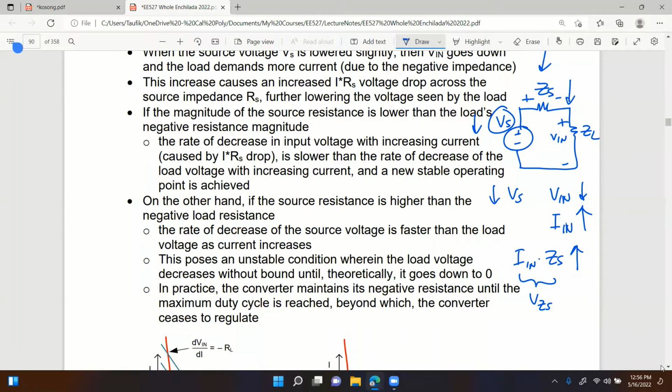If VZs increases, that means Vin is going to be decreasing more. As you know, Vs is equal to VZs plus Vin, right? So if VZs keeps increasing because current increases, that would force Vin to decrease even more, right? So that's the problem we're having here, right?